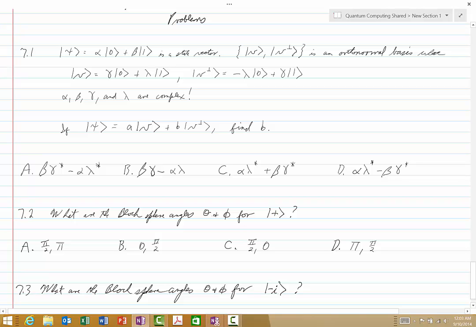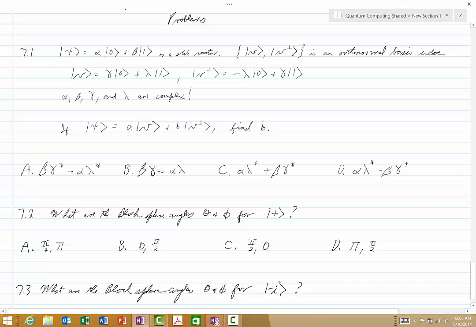We have a state vector psi, which is equal to alpha times the 0 ket plus beta times the 1 ket. And we have an orthonormal basis consisting of the kets v and v orthogonal. And we're told that v is equal to gamma times the 0 ket plus lambda times the 1 ket, and that v orthogonal is equal to minus lambda times the 0 ket plus gamma times the 1 ket.